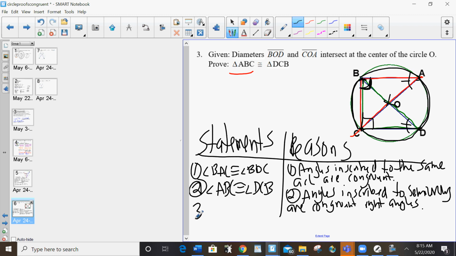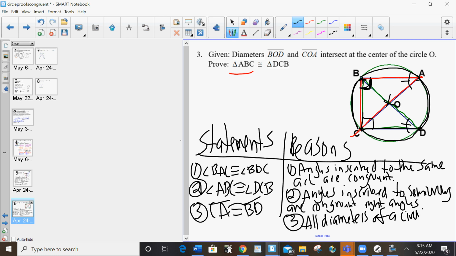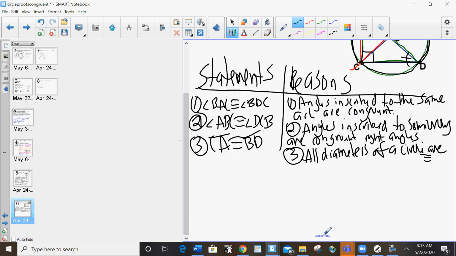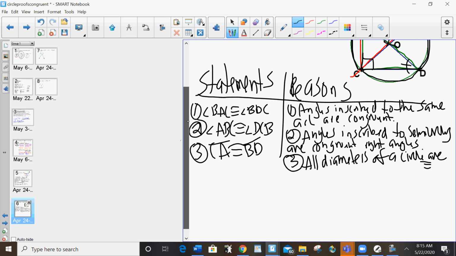So I can state that CA is congruent to BD, and just like in the previous example, I said all radii of a circle are congruent. Well, I can say all diameters of a circle are congruent. Now I have three things.